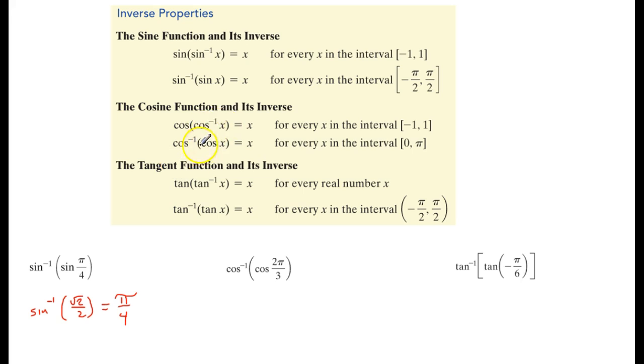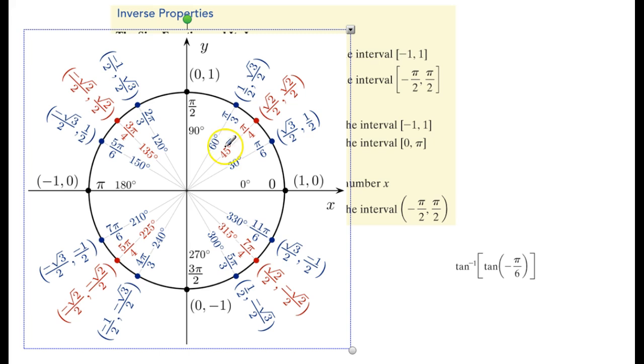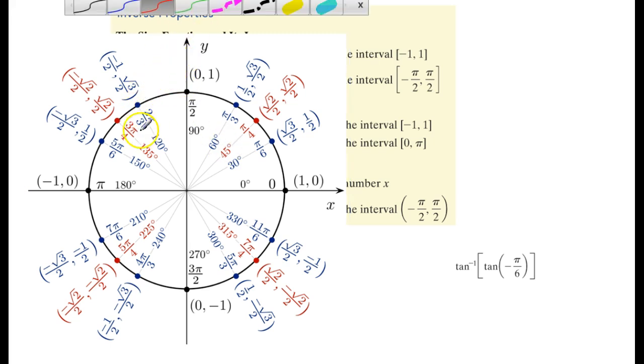You can use just the inverse property because it is true, but only because we are within the domain right here. We're within the original interval. So the cosine of 2 pi over 3 is the x coordinate, so that's negative a half.